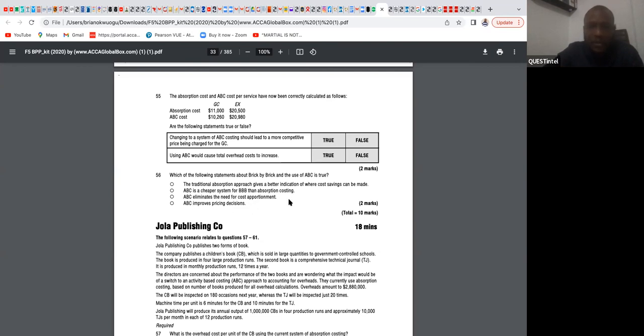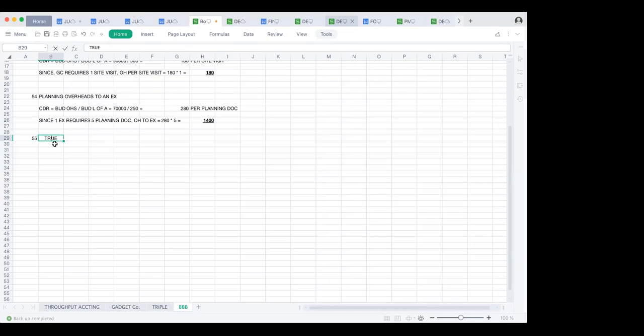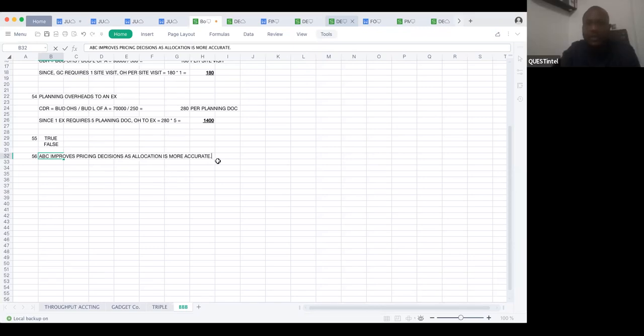The other three statements are false. Since allocation is more accurate, it will improve the pricing decision.